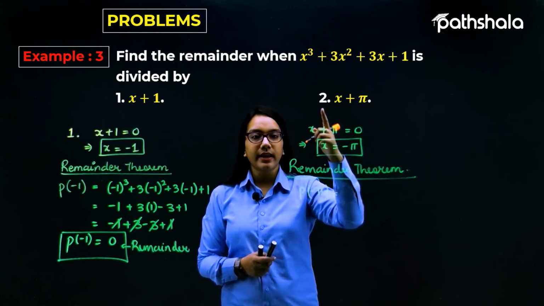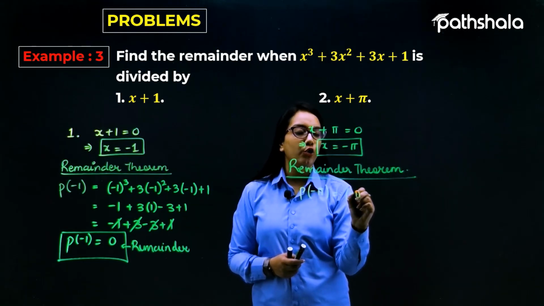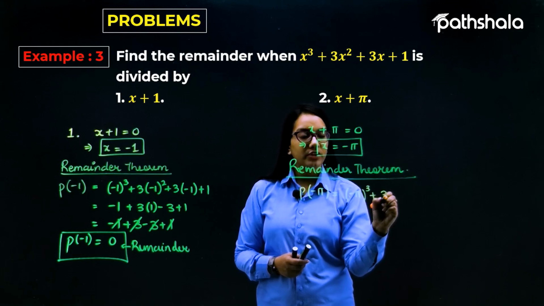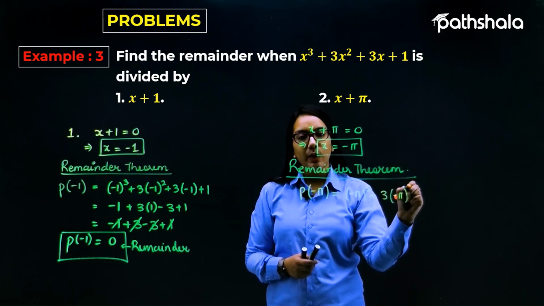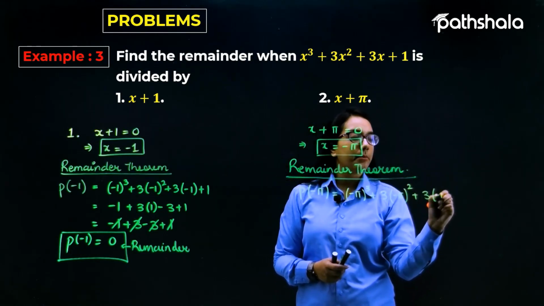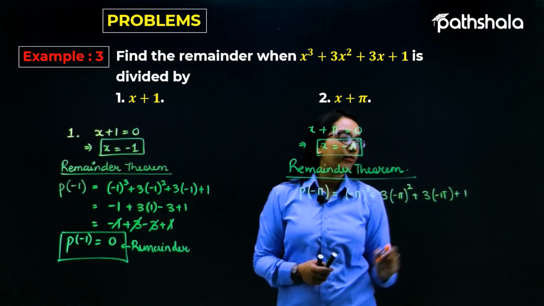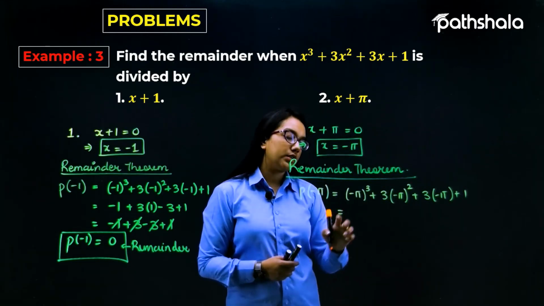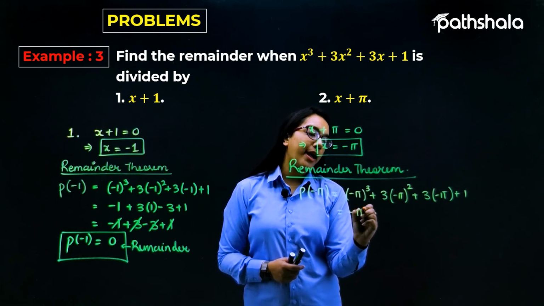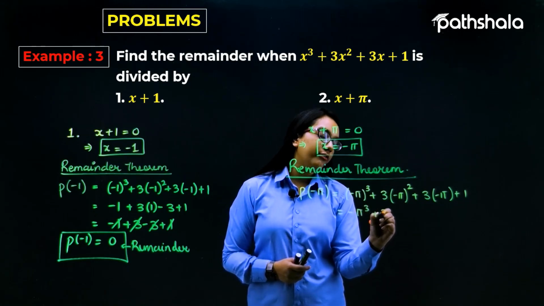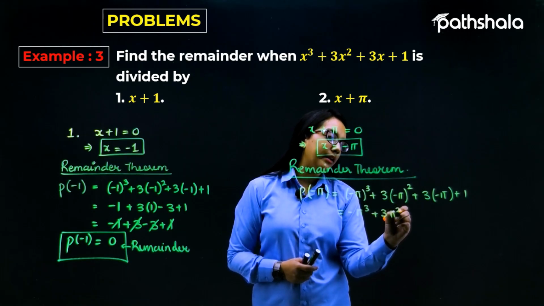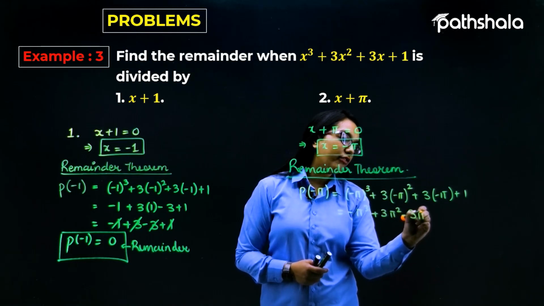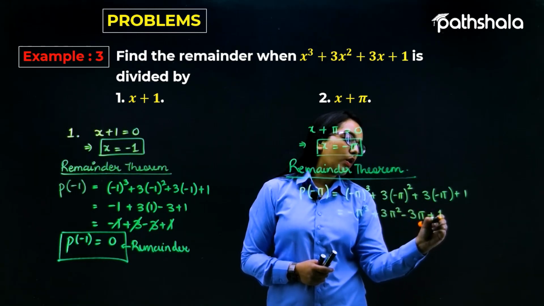So it is minus pi whole cube plus 3 times minus pi whole square plus 3 times minus pi plus 1. This value would be minus pi cube plus 3 pi square minus 3 pi plus 1.